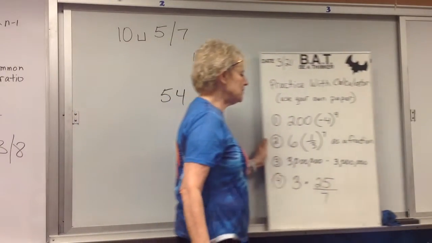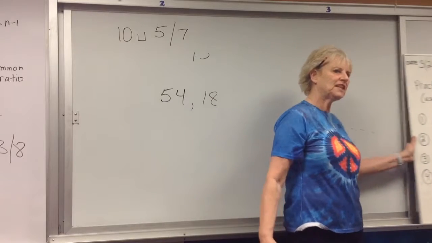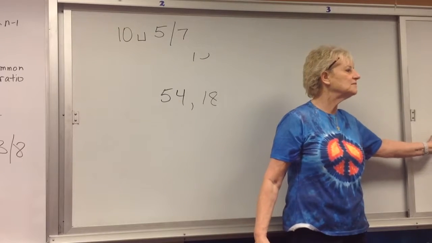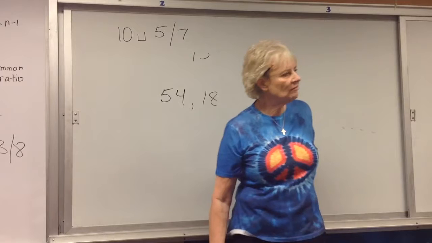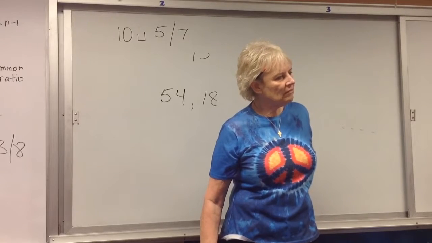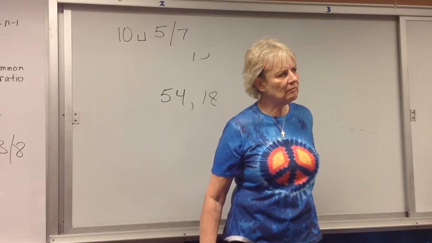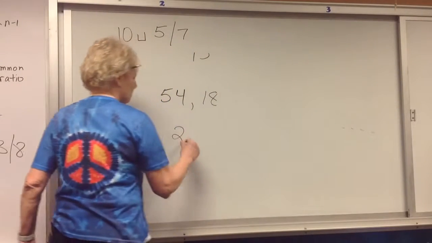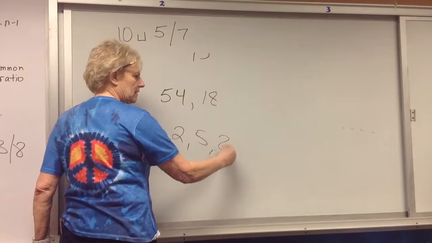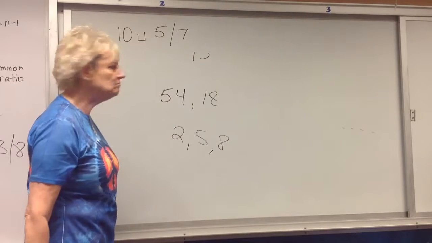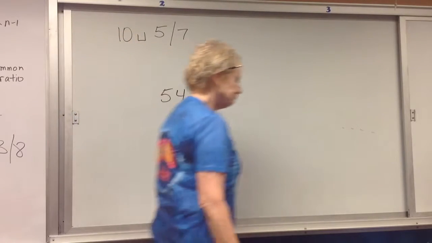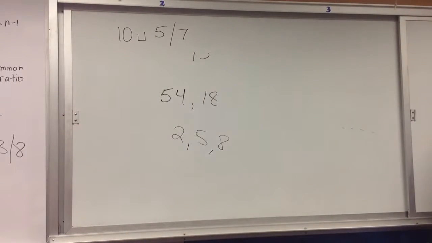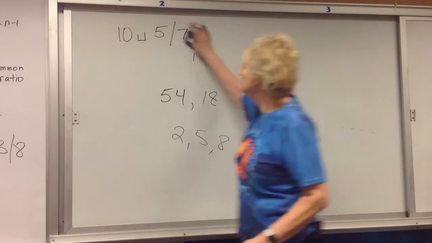Does anybody remember I mentioned yesterday what a geometric sequence is? It's like 2, 5, 8, 11. That's arithmetic. It's when the pattern's inconsistent.